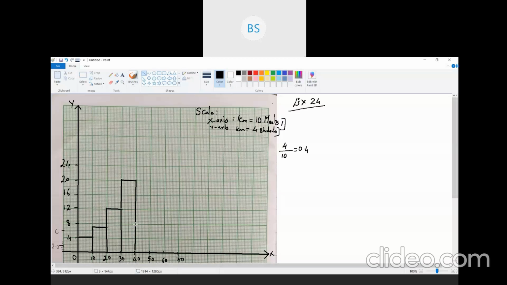So now this is 8 and this is 12. So here we have 10. So the center between 8 and 10 will be 9. That is between the second and third line. So it will be somewhere here.